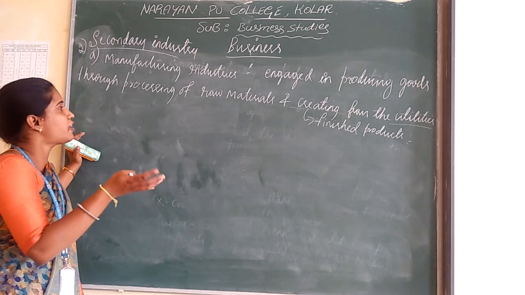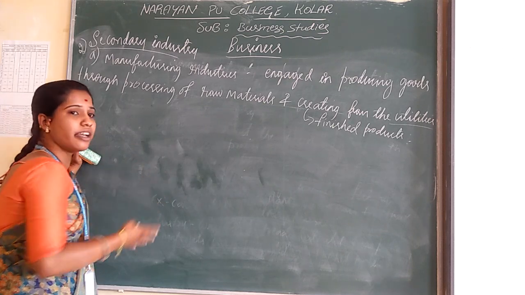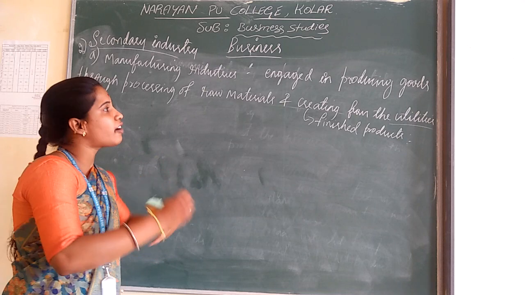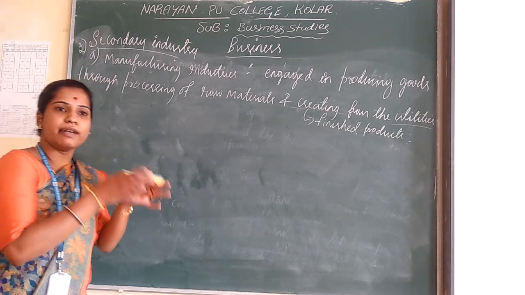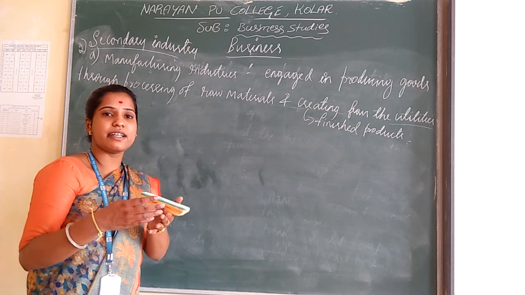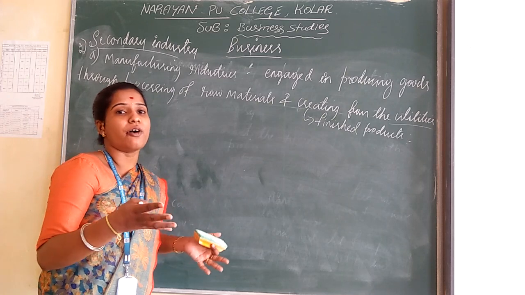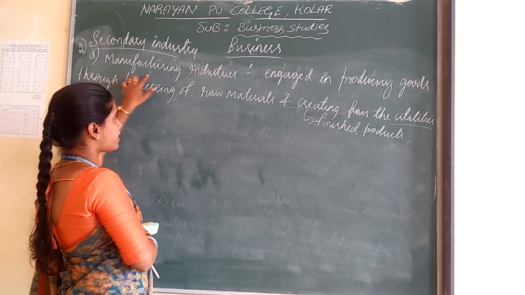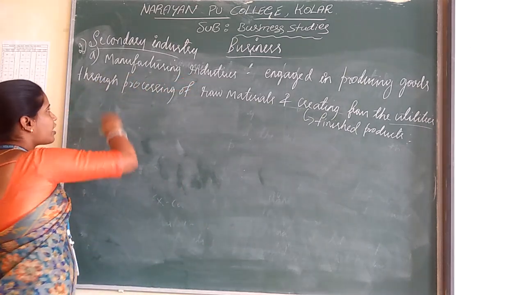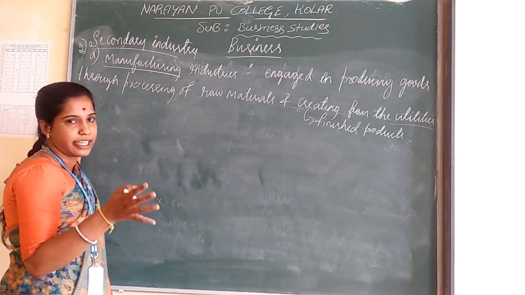Manufacturing industries are those engaged in producing goods through processing of raw materials. They collect the raw materials, and the raw materials are converted into finished products. That means they make raw materials into a new product. It is known as manufacturing industries. Here they innovate a new product through raw materials.